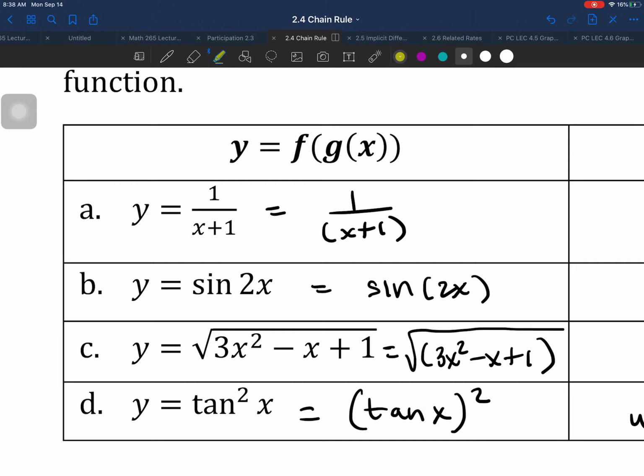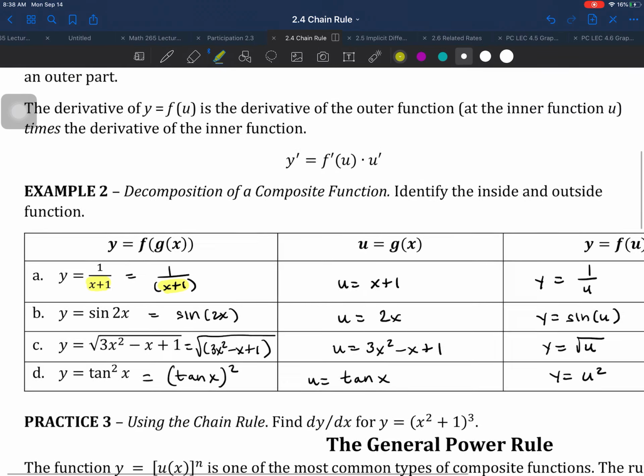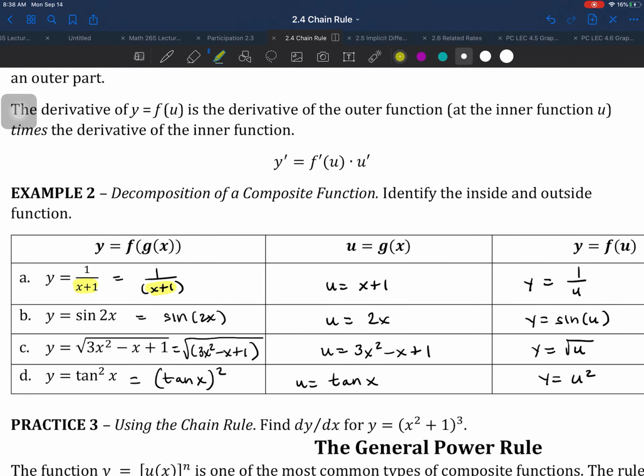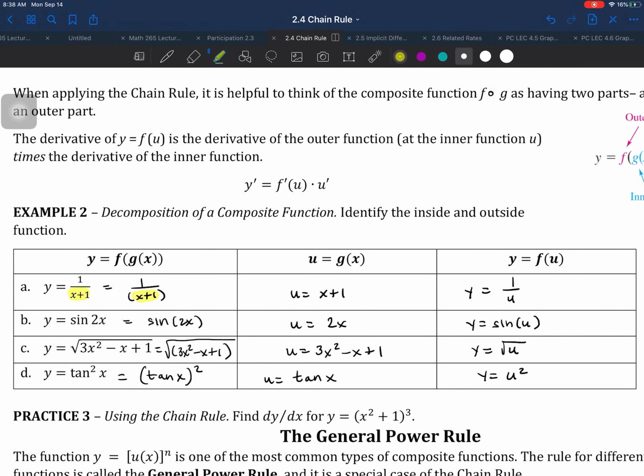So let's point out some of these things right here. You have y equals 1 over x plus 1. Seems kind of normal. Well, this is actually a composite function. So this is the inside part. And if you notice what I did here, I put it in parentheses to make it more obvious, right? We're using the u to make it more obvious for you guys as you're starting. You let u be x plus 1, the bottom part of the function.